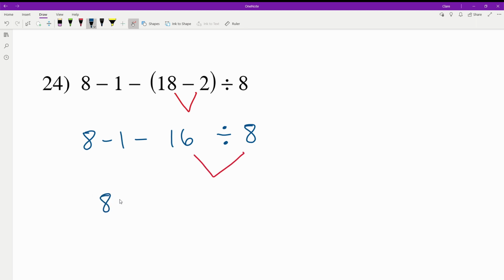So I'll have 8 minus 1 minus 2. Now, working left to right, 8 minus 1 is 7. And then I'll have 7 minus 2, which equals 5. So 5 is our final solution on this worksheet, order of operations.